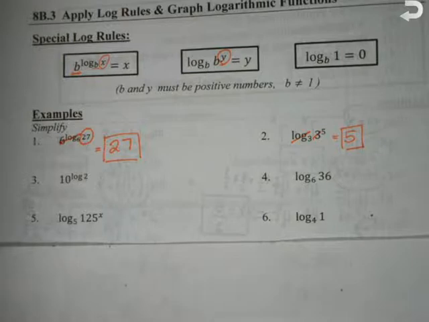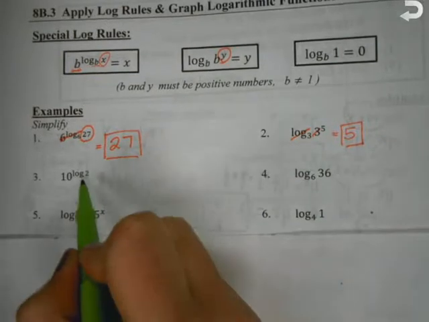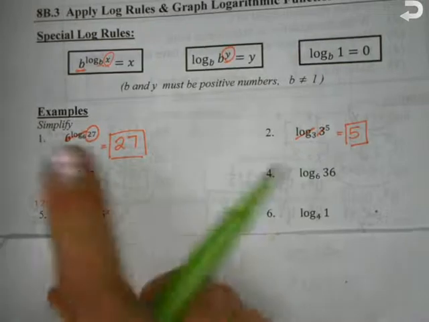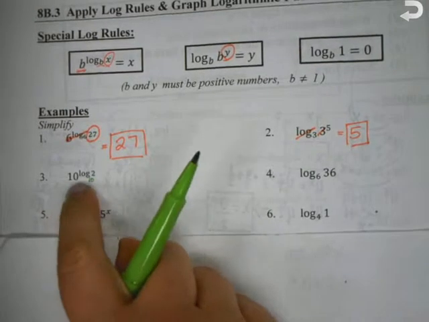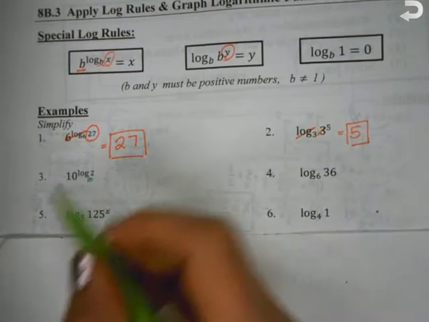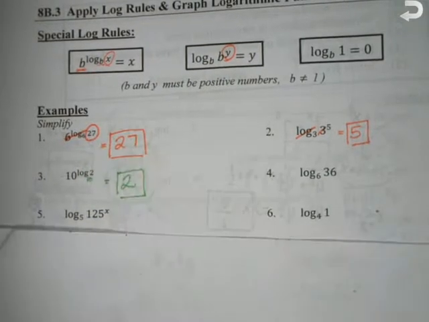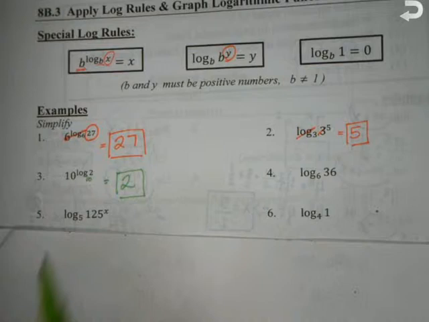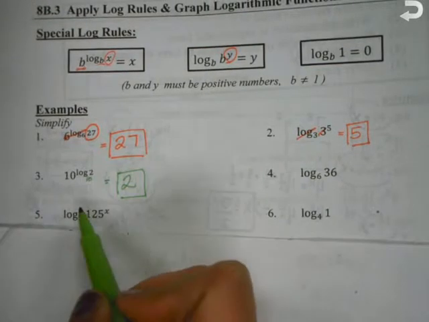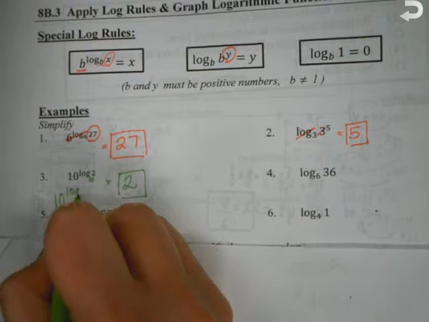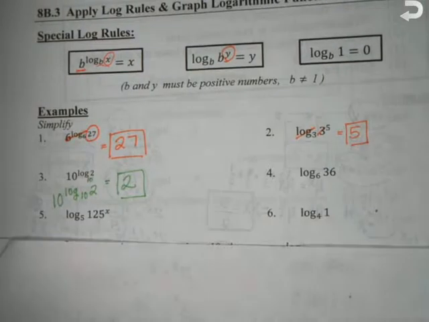It is 2, because if I have just log, that actually has a base of 10, and the base of that exponent is also 10, so they cancel each other out, so my answer is 2. If it just says log, the base is 10, remember? This is the same as 10 to the log base 10 of 2, and that's this rule.